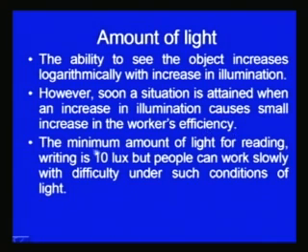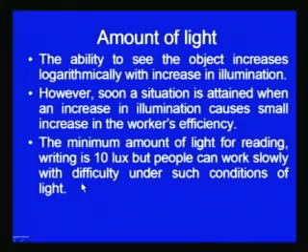A minimum amount of light for reading and writing is about 10 lux, which is the unit of the amount of light present, but people can work only slowly and with difficulty under such conditions.